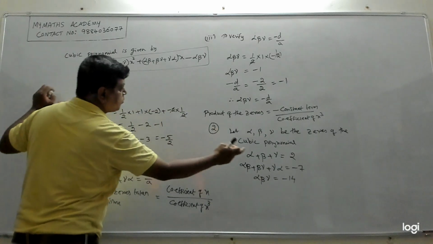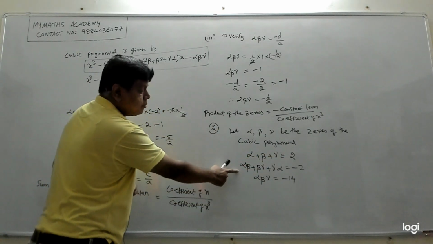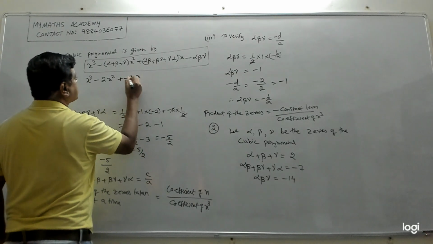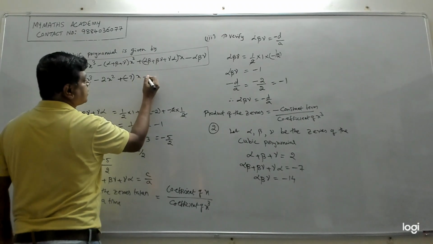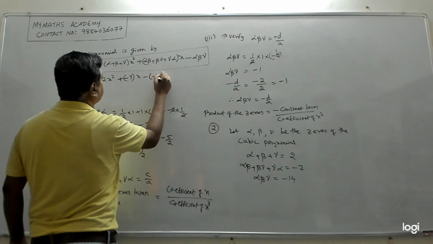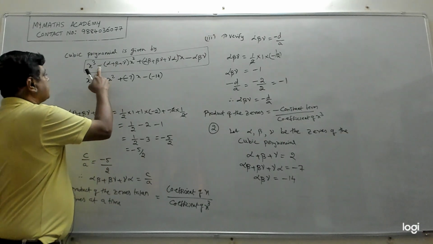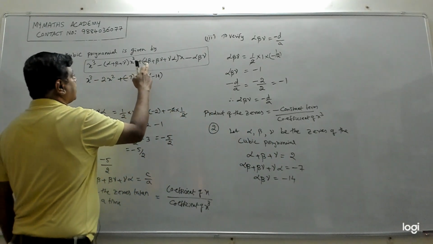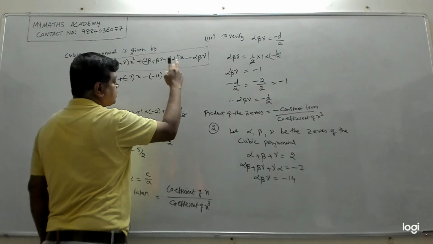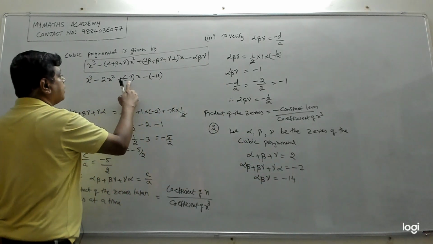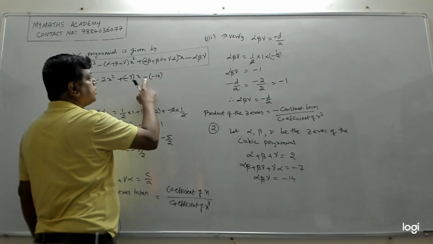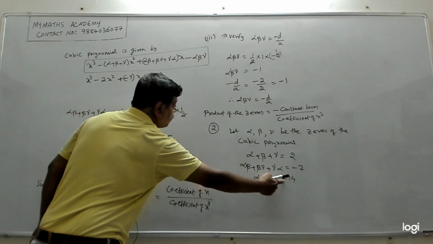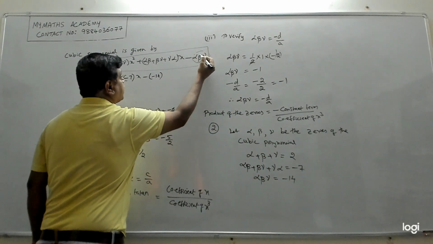Then alpha beta plus beta gamma plus gamma alpha is minus 7, so plus minus 7 times x, minus alpha beta gamma, which is minus 14.